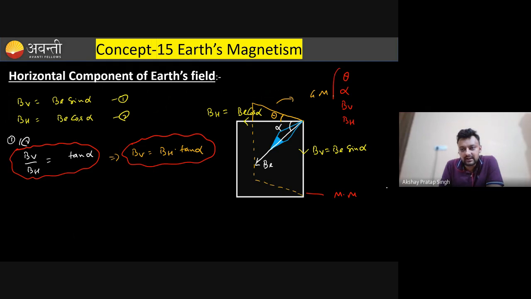So four quantities are mentioned, out of which only three are required to get the magnitude and direction of Earth's magnetic field. That's why Earth's components are generally mentioned as only three components, that is theta, alpha, and horizontal.